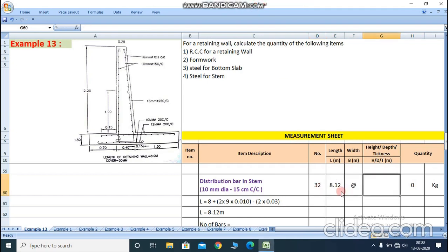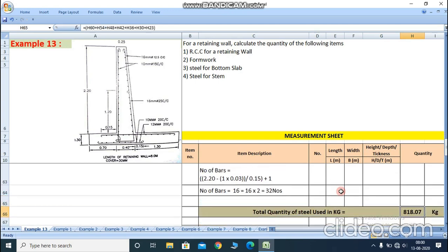Per meter length, the weight of the 10 mm diameter bar is 0.62 kg, from the d square divided by 162 equation. So the total weight of the 10 mm dia, 15 cm center to center distribution bar is 161.1 kg.